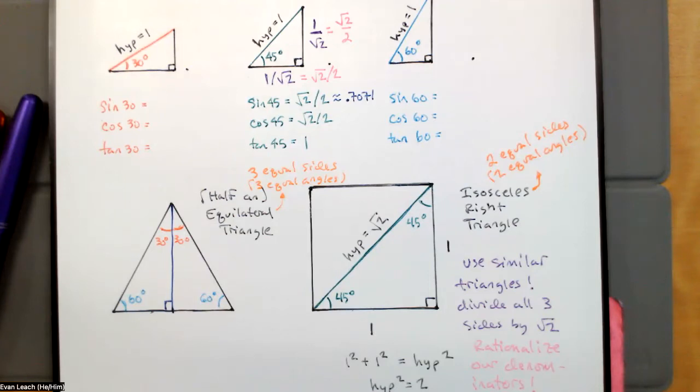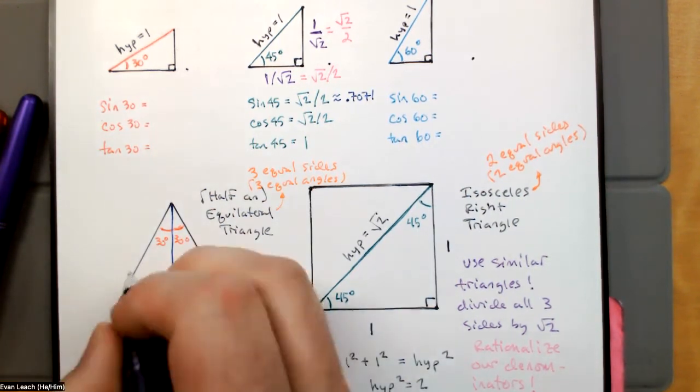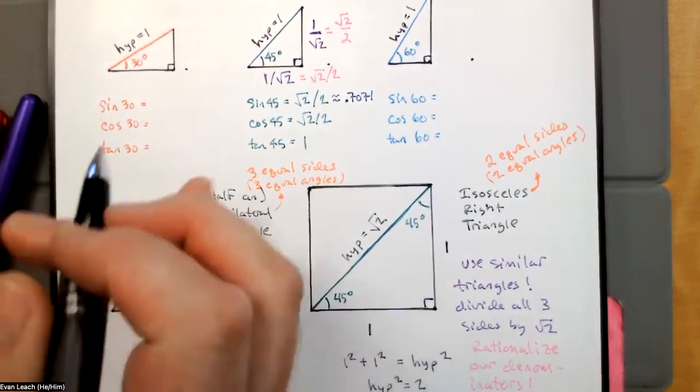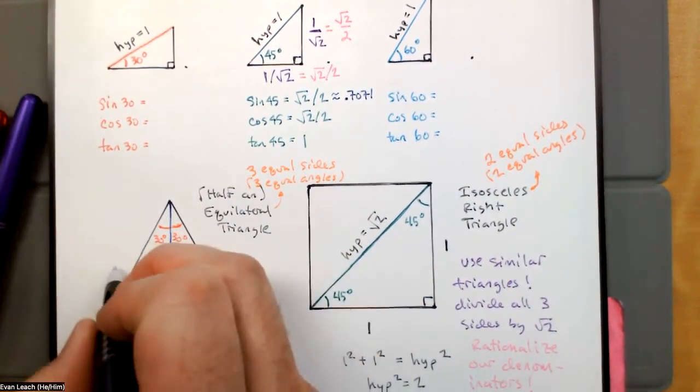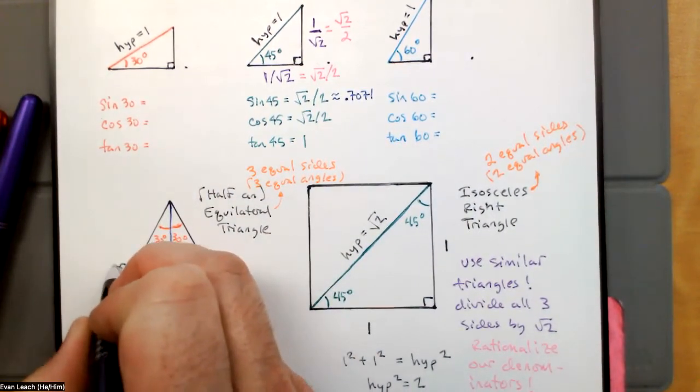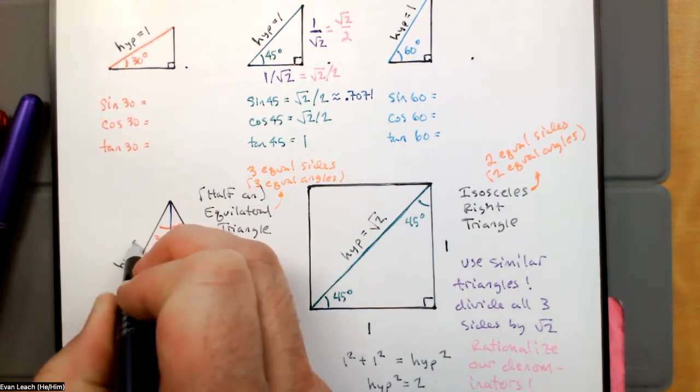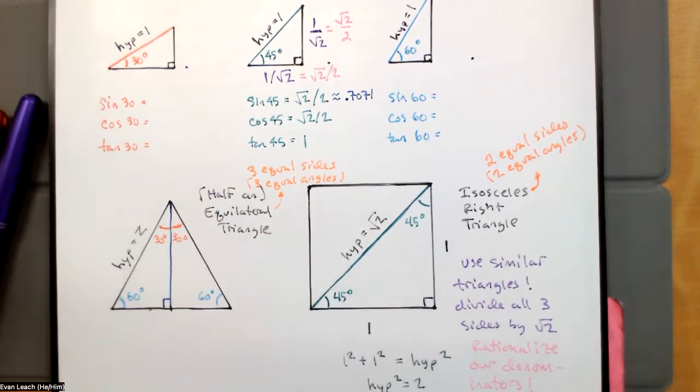Here's what we're going to do. Because I'm cutting stuff in half, I'm going to make the side of this triangle equal to 2. I'm going to pick the left side and say, let's suppose that the side is equal to 2. Since it's an equilateral triangle, all the sides are equal to 2.